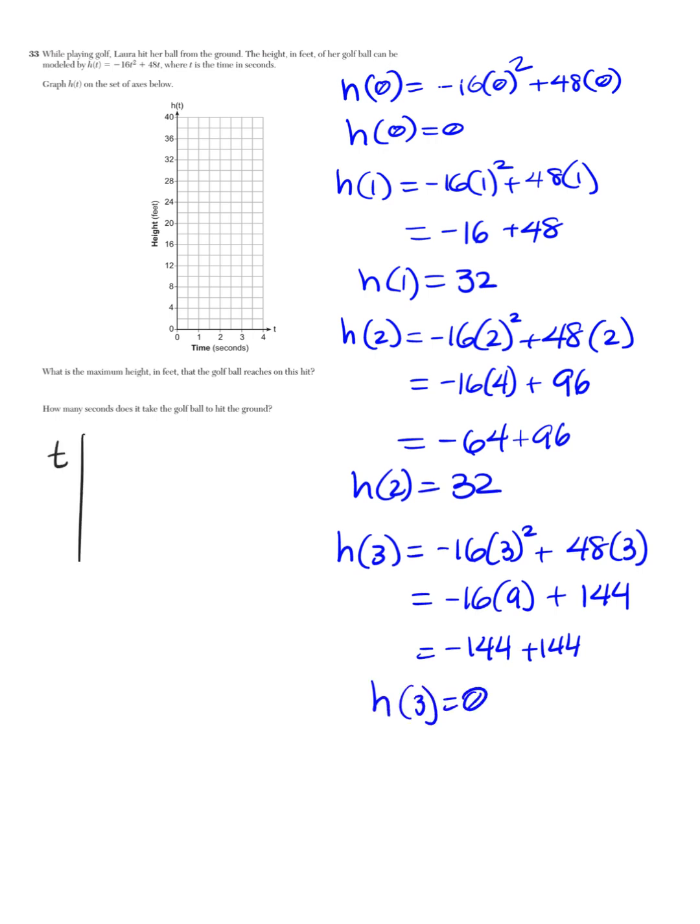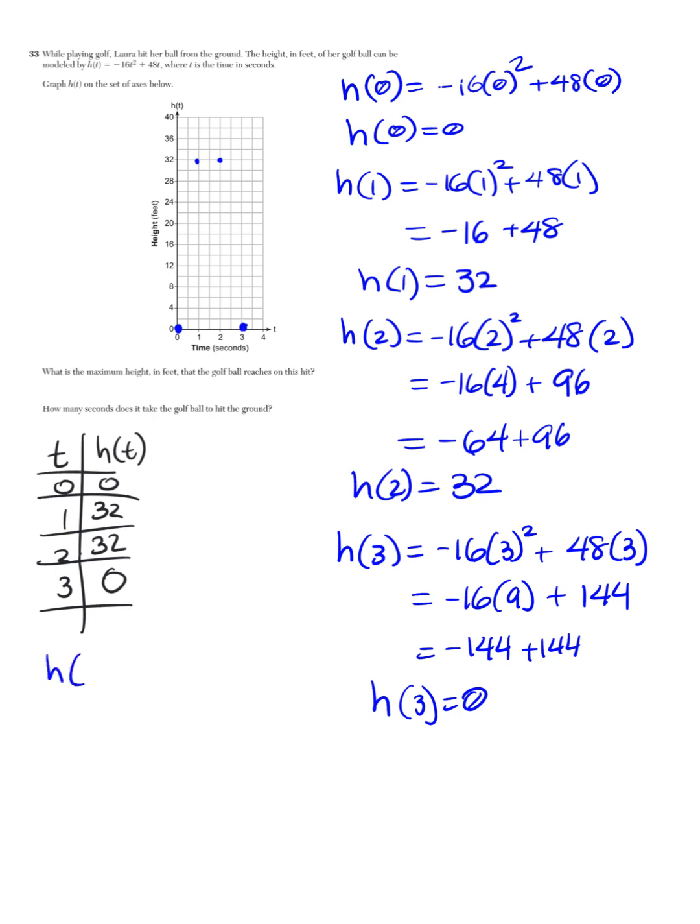Then we could start to tabulate everything, t and h of t at 0, 1, 2, and 3. H of t at 0 is 0, at 1 it's 32, at 2 it's 32, and at 3 it's 0. Then we plot our points.